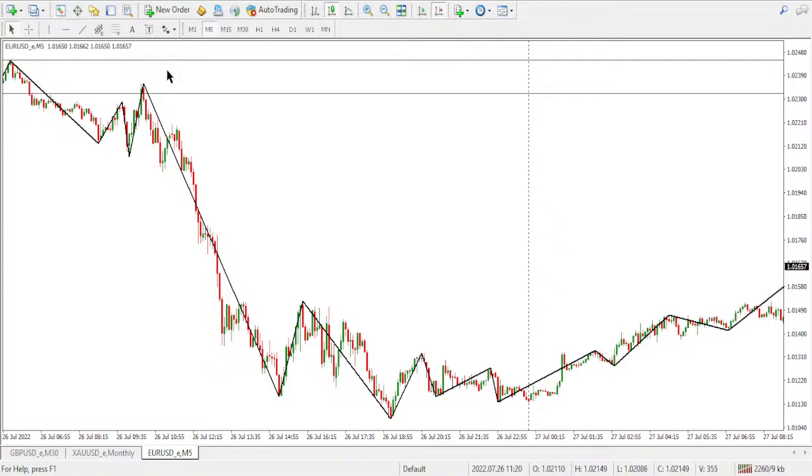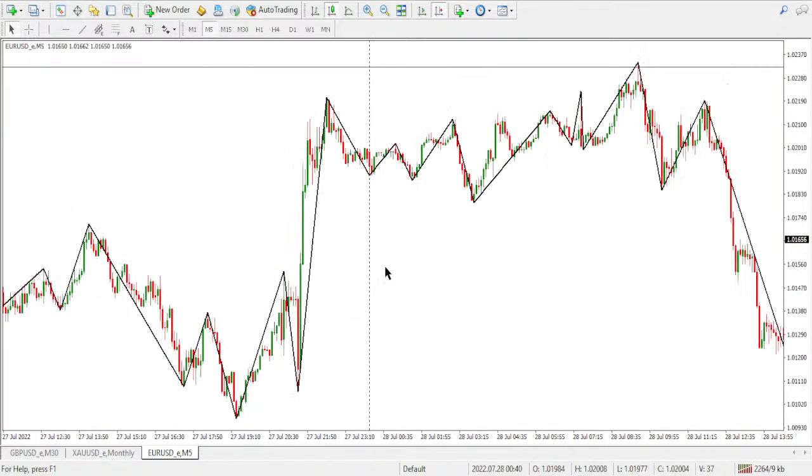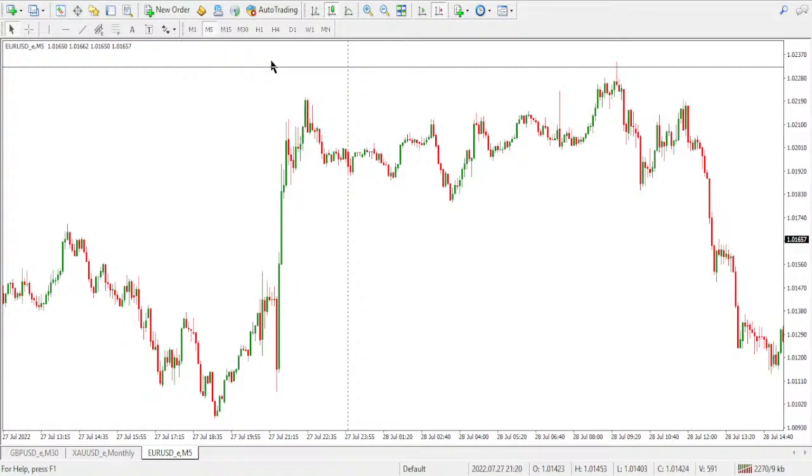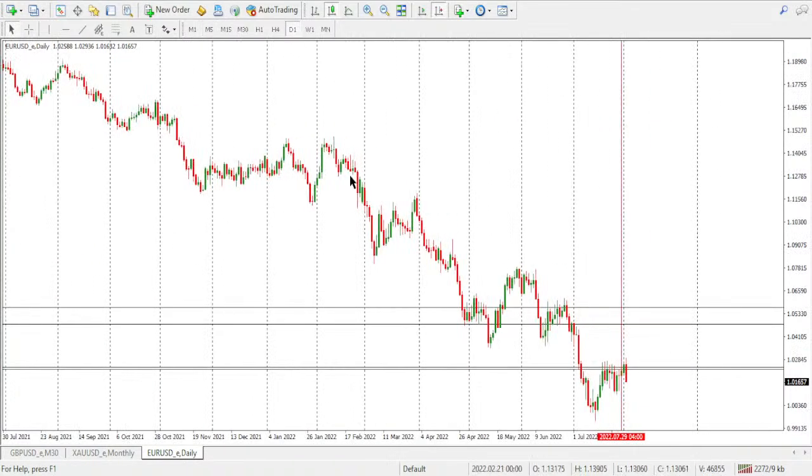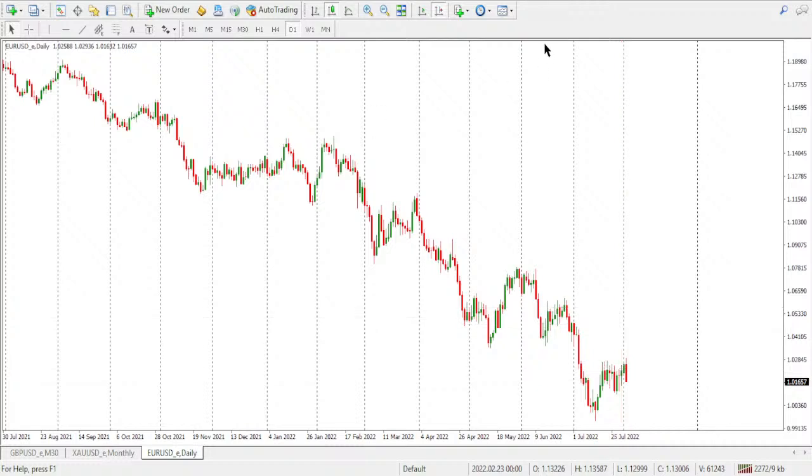Another way is to pick the previous day's highest high and the previous day's lowest low, or the previous 4 hour candle's highest high and lowest low. Personally, I work with the daily highest high and the daily lowest low.